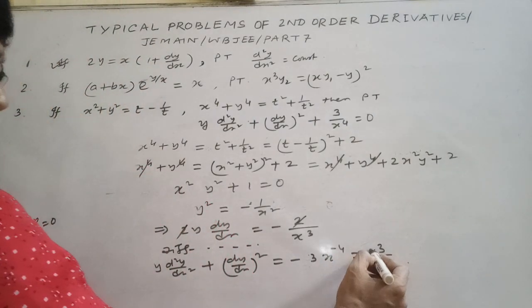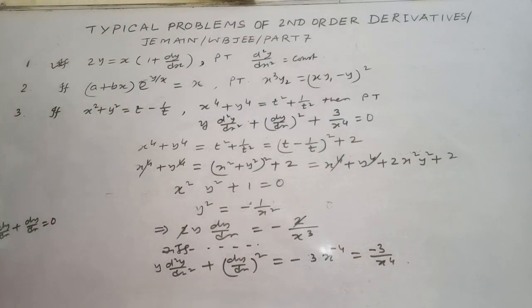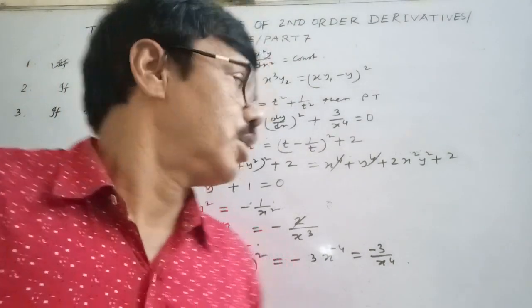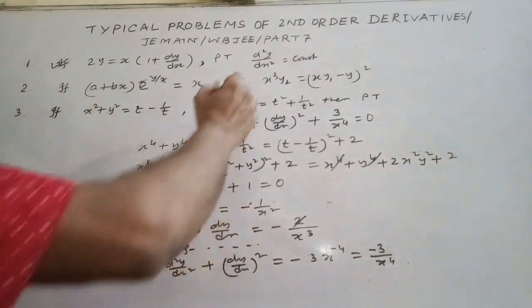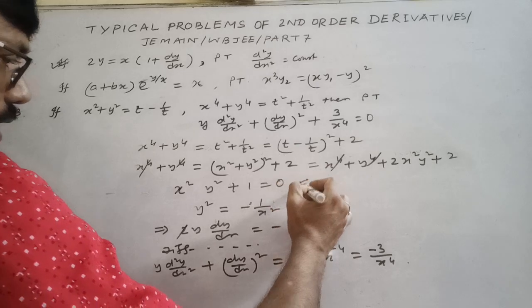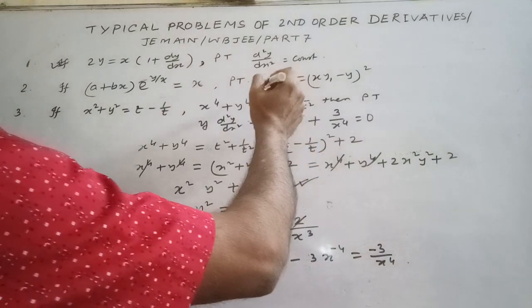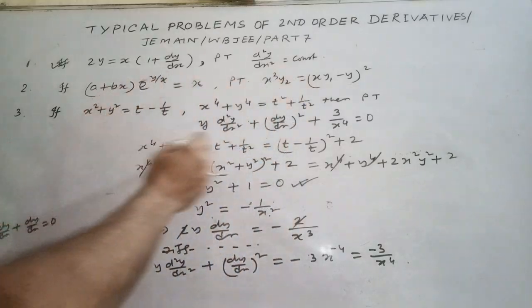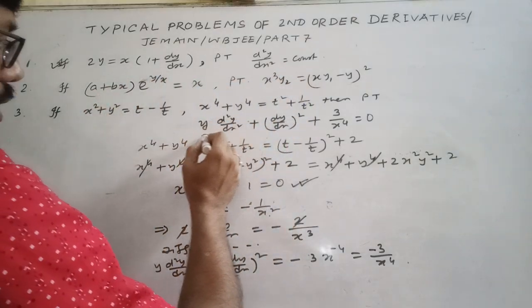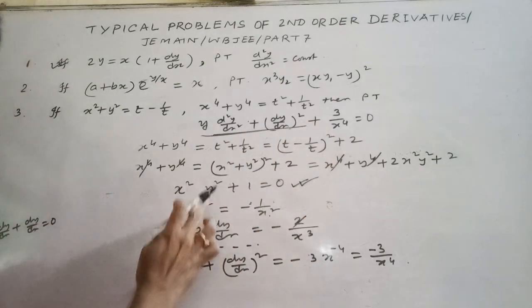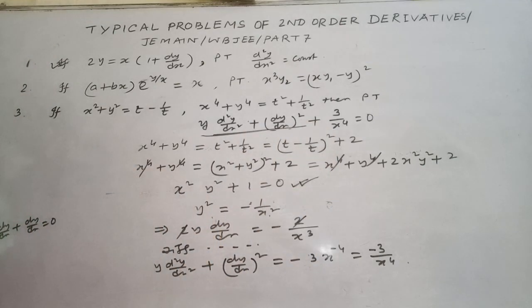If you transfer this term to the left hand side, you get the result. So if you eliminate t, you get the relation in this form. So y² equals this. Now look at the proof: it is given in this form, y dy/dx. That is why we are writing y² here.